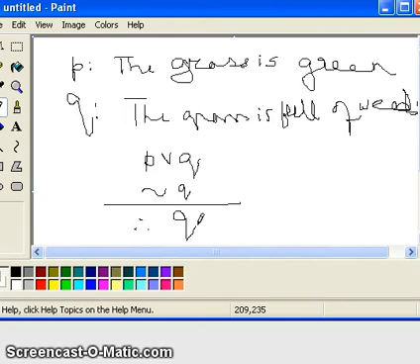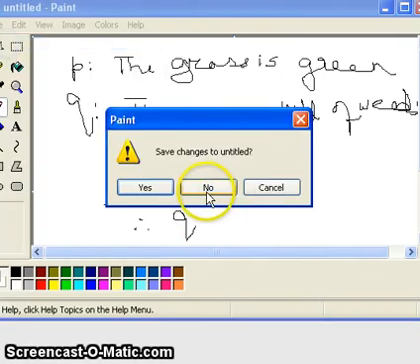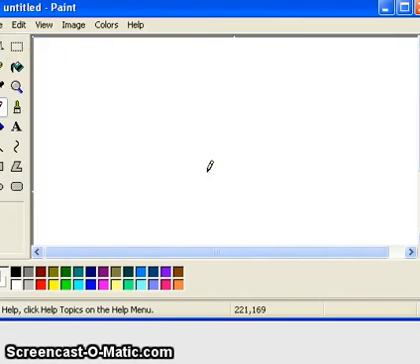Another good example. Determine whether the following argument is valid or invalid. Here's the problem.